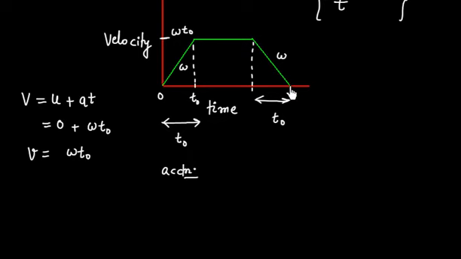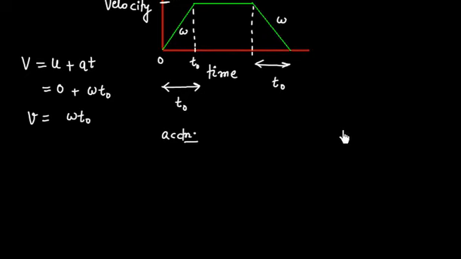The final velocity is 0. So you can prove this time interval is t naught. Let us prove this one. The final velocity is 0. Apply v is equal to u plus at again. The acceleration is basically a deceleration, w, and the initial velocity here is w t naught.